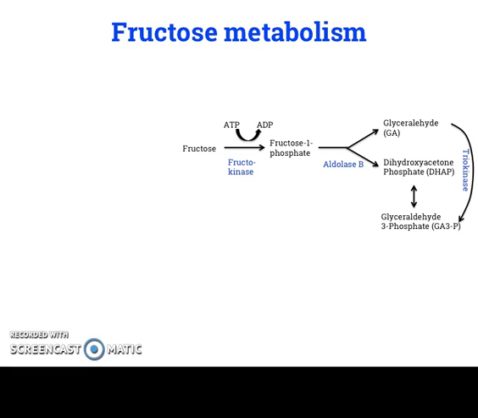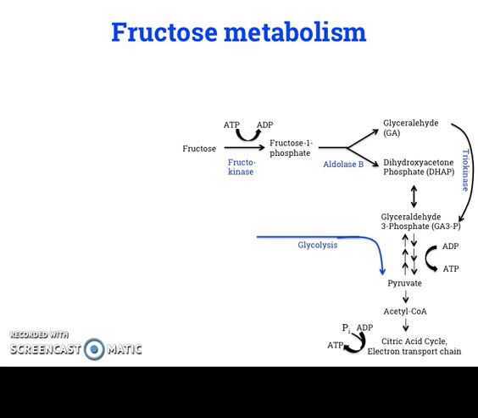From here, GA3P, or glyceraldehyde 3-phosphate, and DHAP are actually intermediates in the pathways of glucose metabolism. So fructose has the same metabolic fate when the pathway is running normally. GA3P can either undergo the final reactions of glycolysis to produce pyruvate, which is metabolized and then enters the Krebs cycle.